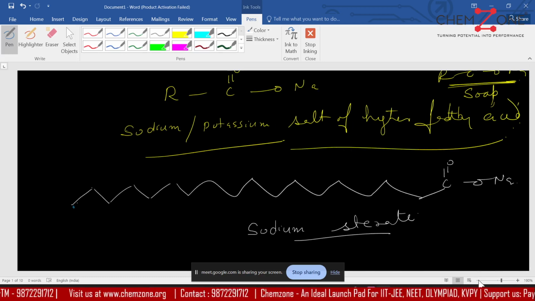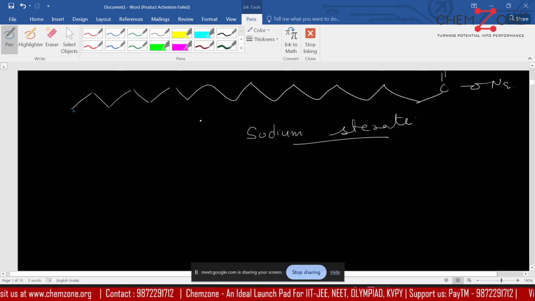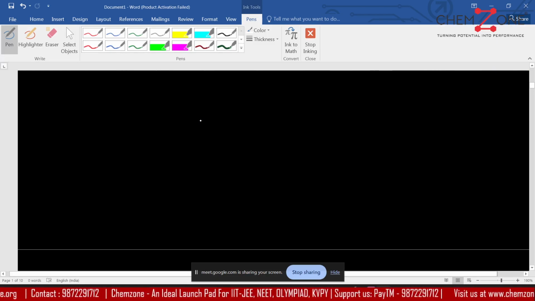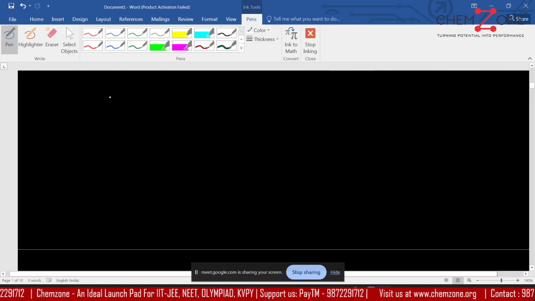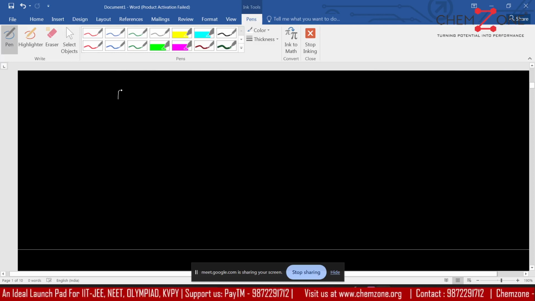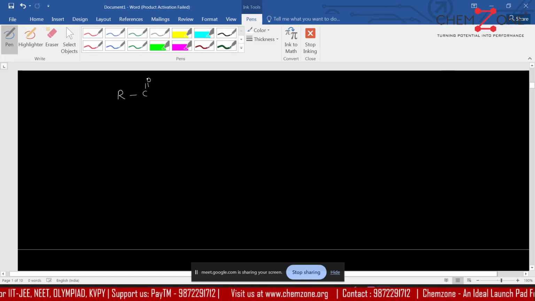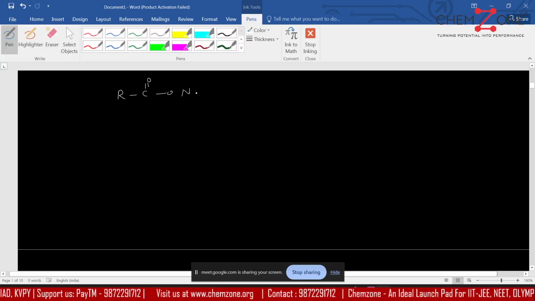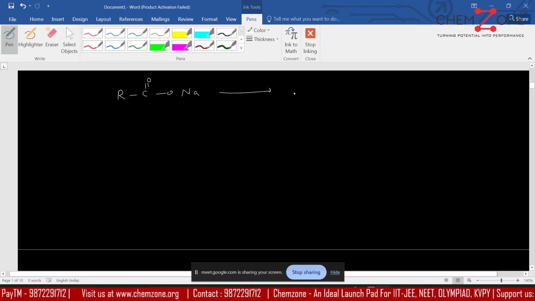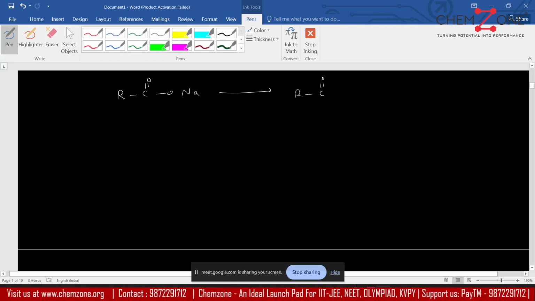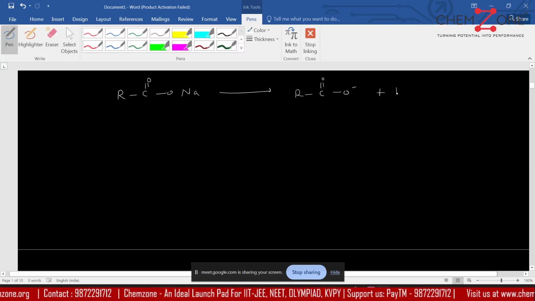So this is a soap now. Got it now? Yes, sir, got it. This soap, when dissolved in water, if it is dissolved in small quantity in water, it just dissociates into its ions.